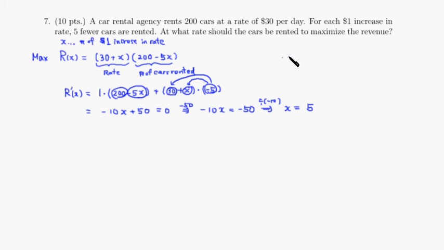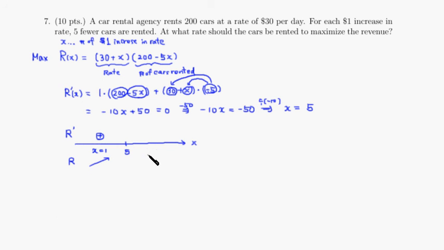Actually, we have to make sure that this is going to give you a maximum. So let's do a number line to make sure. Here's x, and here's 5, and we're going to look at the R prime derivative. Try something smaller than 5, so I'll try x equals 1. If you put 1 here, it's -10 plus 50, so that's positive, which means that the original revenue function is increasing before 5.